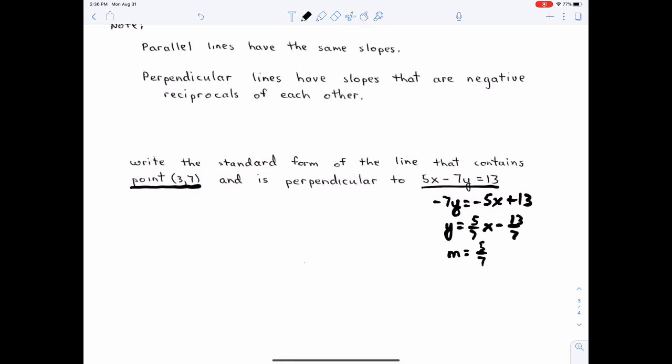And what do I want? A line perpendicular to that. Therefore, the perpendicular slope is going to be -7/5.